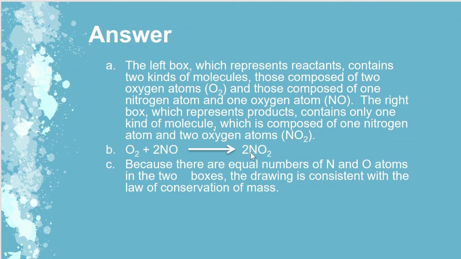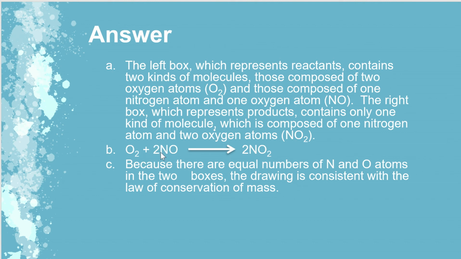We would have one nitrogen on each side, and we would have three oxygens on the reactant side and two on the product side, right? The nitrogen would have been fine because we only have one on each side, but we have to solve the issue of the oxygen, right?